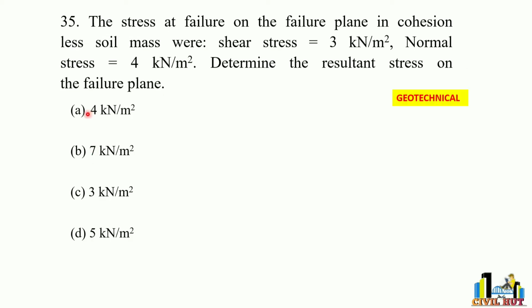Next question: the stresses on the failure plane in a cohesionless soil mass, where shear stress equals 3 kN per meter square and normal stress equals 4 kN per meter square. Determine the resultant stress on the failure plane. Shear stress equal to 3 kN per meter square, normal stress equal to 4 kN per meter square.